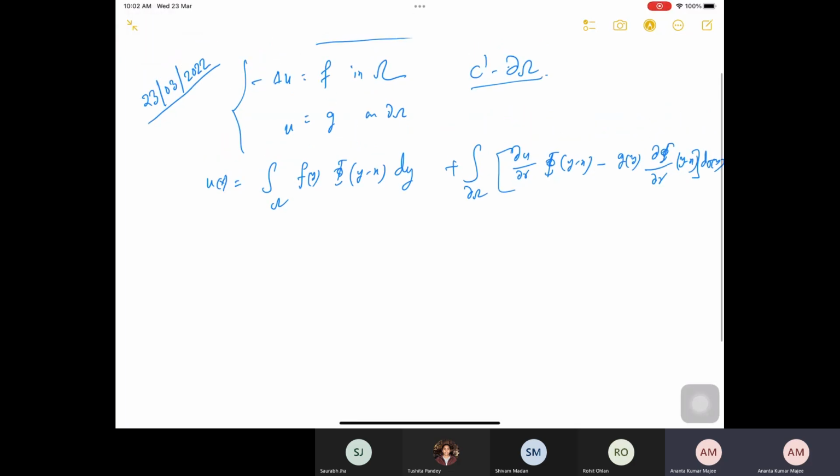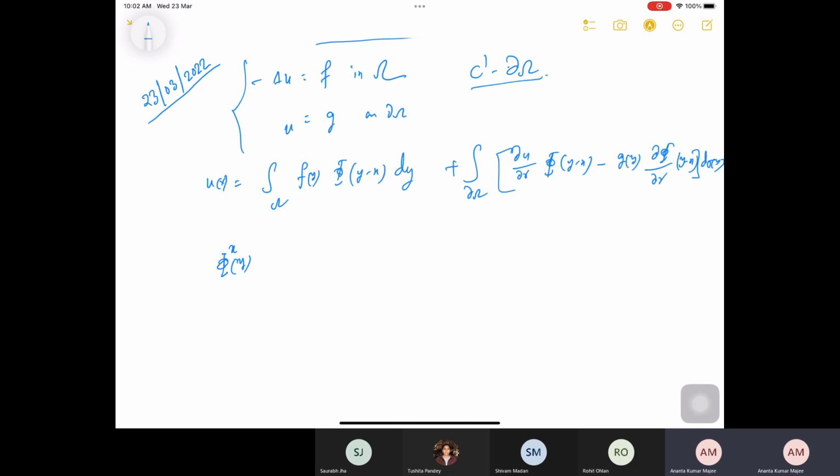So the problem here is that I need to find the normal derivative of u along the boundary of omega, which is unknown. So this suggests that I consider a correction function, which I am defining. This is my correction function phi x of y.